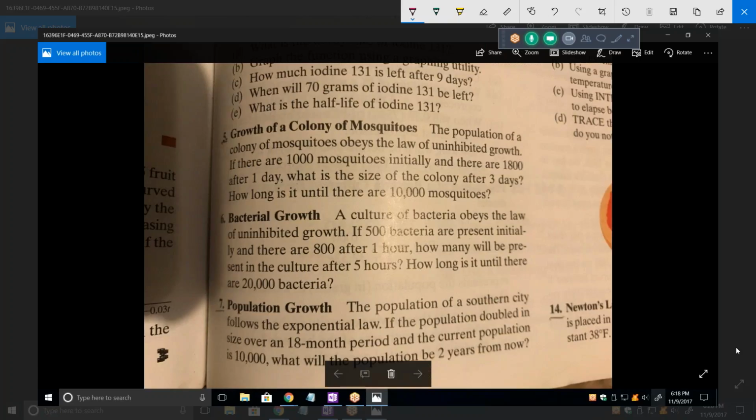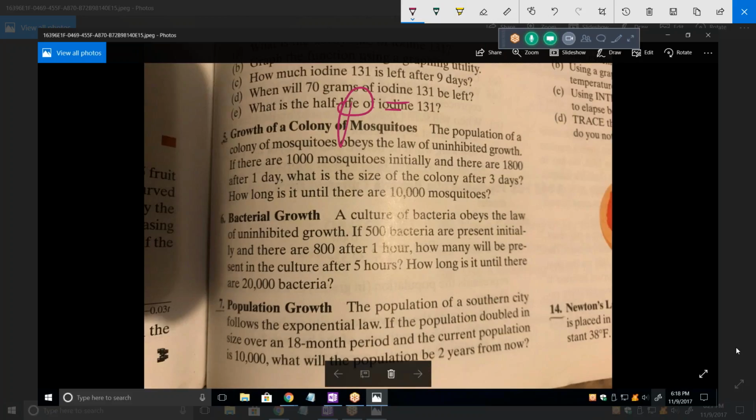So, including population. If it doubled in an 18-month period and the current population is 10,000, what will the population be 2 years from now? What's the general equation?